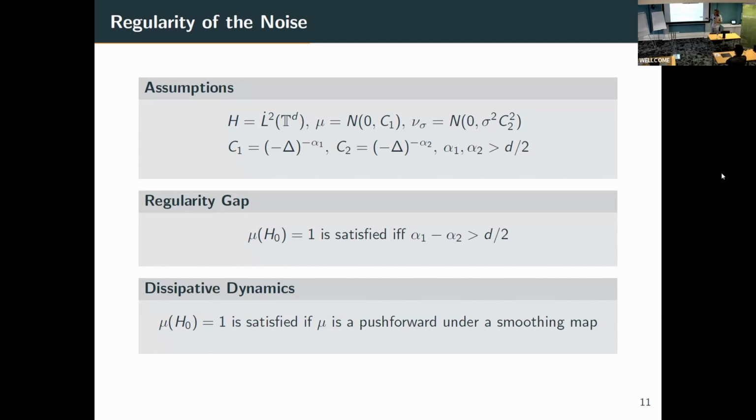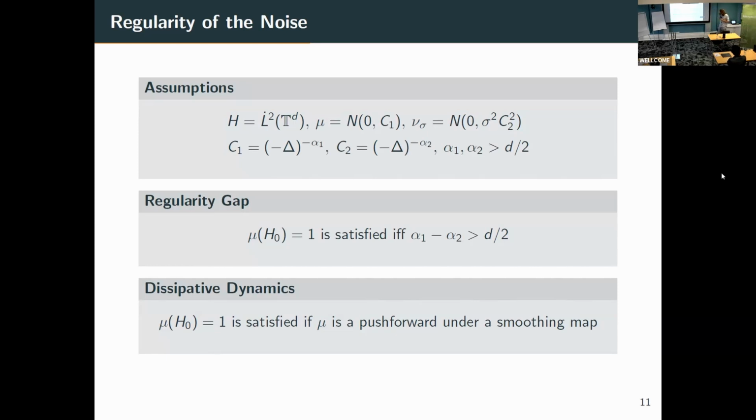And the answer is this happens if and only if, we prove that, alpha 1 minus alpha 2 is greater than d over 2. So this means that your data has to be at least d over 2 smoother than the noise for this to make any sense.